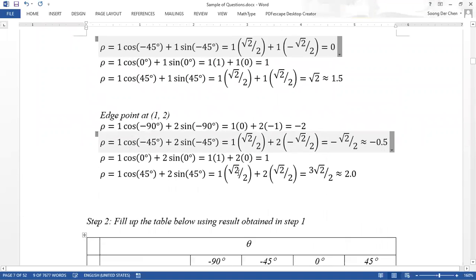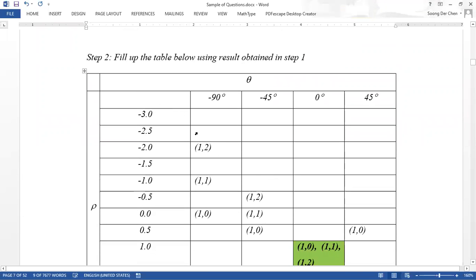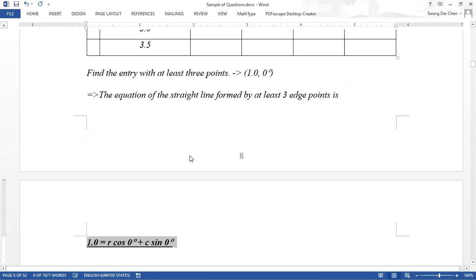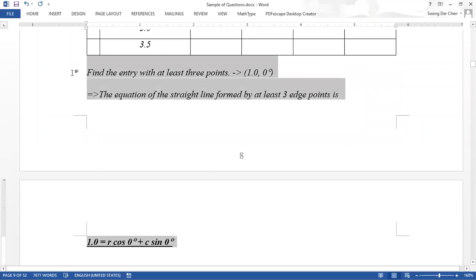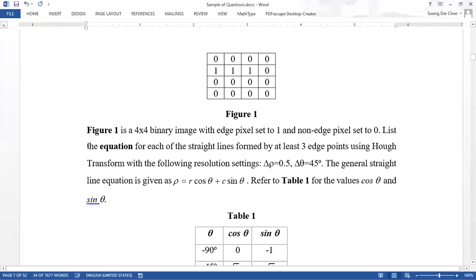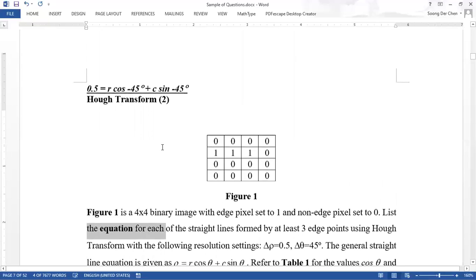They will just do either this one without step 2, or they do step 2 and then without the last answer. This one will easily cost you like 20% of the total marks, because eventually the question is asking you to look for the equation. So we are looking for the equation.